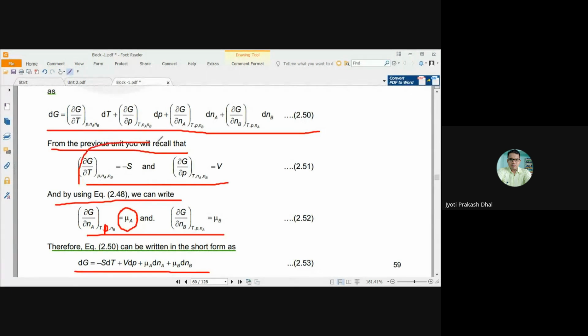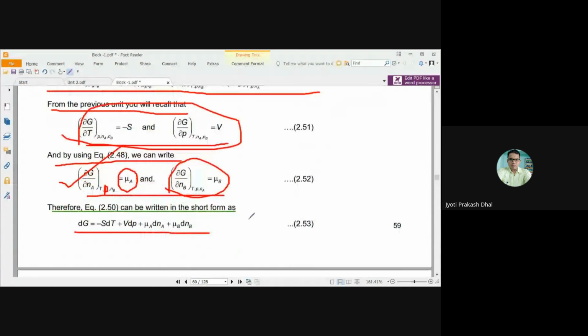So these two are from Maxwell's relationship, and the third term is nothing but the chemical potential mu A, and similarly the fourth term is nothing but the chemical potential of B, that is mu B. So putting all the four terms in equation 50, we can write dG equals minus SdT plus VdP plus mu A dNa plus mu B dNb.